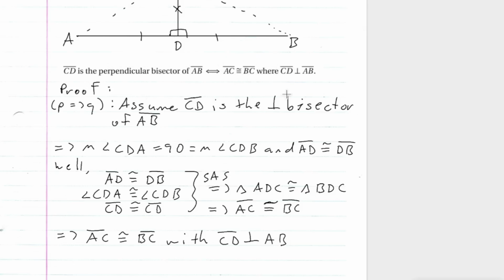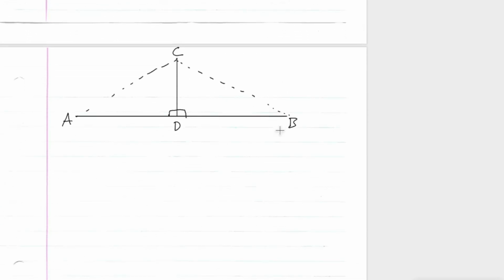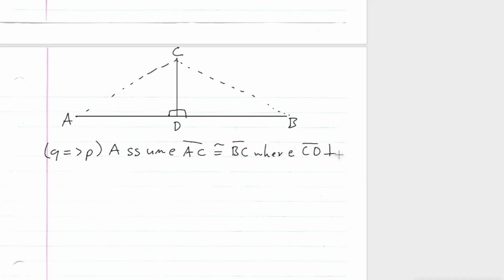Now let's go the other way. So we're going to do Q implies P. So we're going to assume in this case that AC is congruent to BC, where CD is perpendicular to AB. All right, so we have CD is perpendicular to AB.